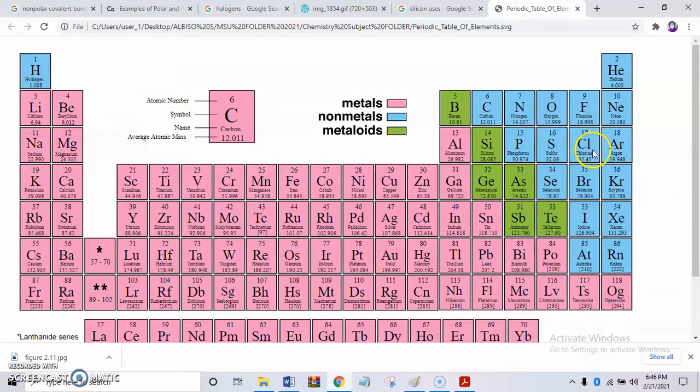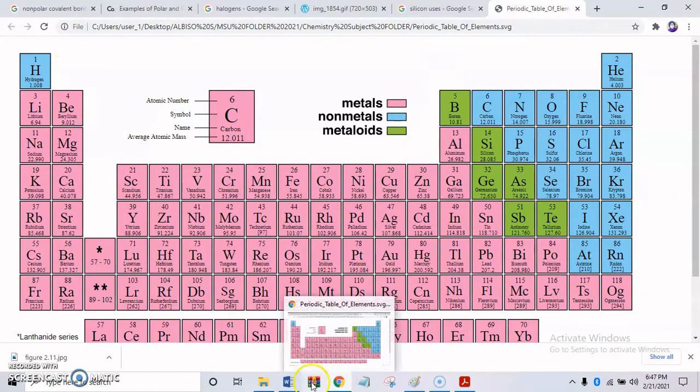Chlorine, Cl2, bromine, Br2, iodine, I2, and the noble gases: helium, neon, argon, krypton, xenon, radon. When you see those, they are nonpolar.